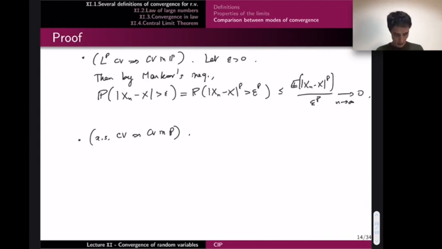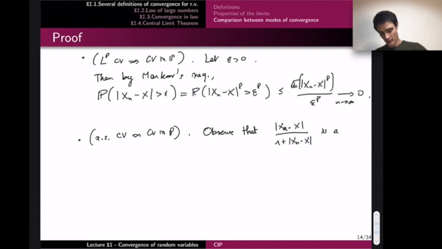I will use this distance. So observe that |Xn minus X| divided by 1 plus |Xn minus X| is a random variable which is bounded by 1.